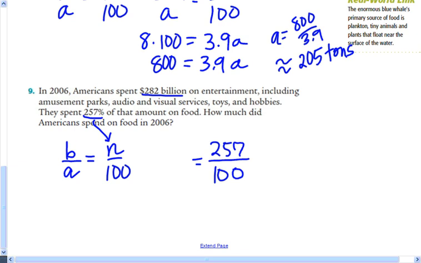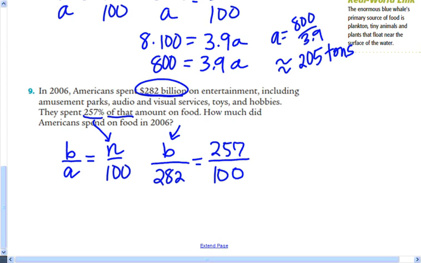So it's out of this amount, 282 billion. So I'm going to put the 282 billion down here. Since we're talking about ratios, the billion part I don't need to add to that. Whatever my answer is here, this B part, that'll be in billions since it's out of 282 billion. So I'm going to solve that proportion.